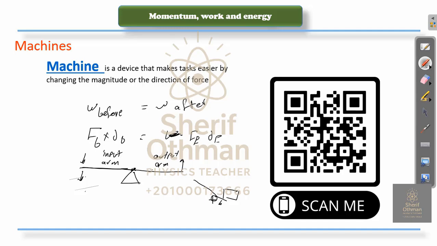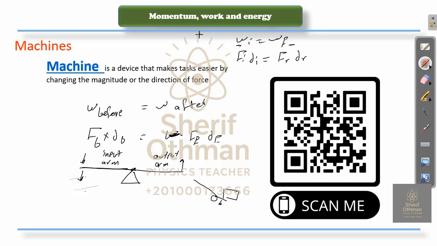Let's say it another way. Initial work equals final work. So initial force, let's say input force, multiplied by input distance, which is the arm of input, equals the output resulted. The work before and after has the same value.